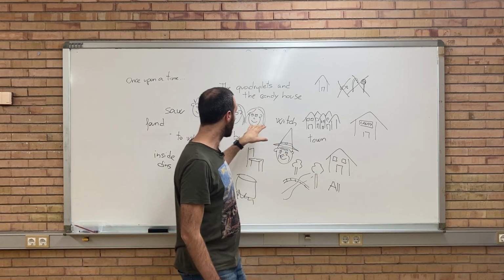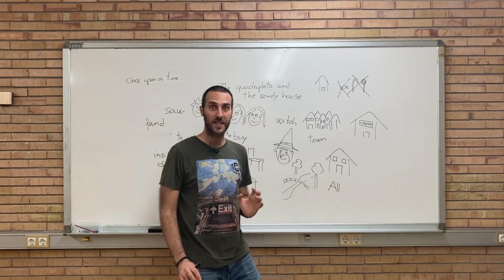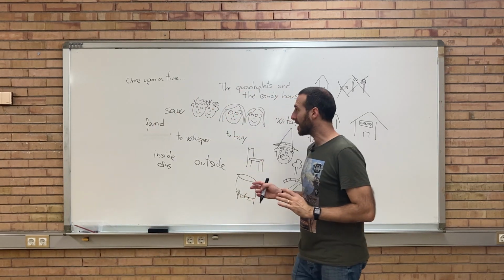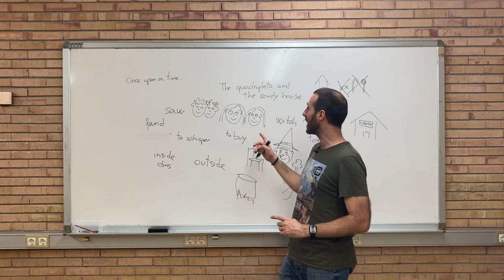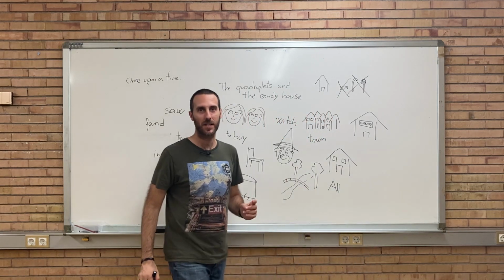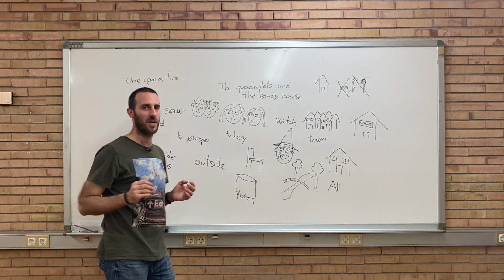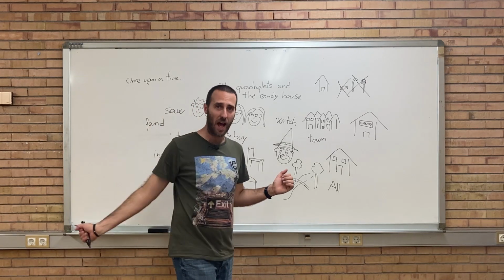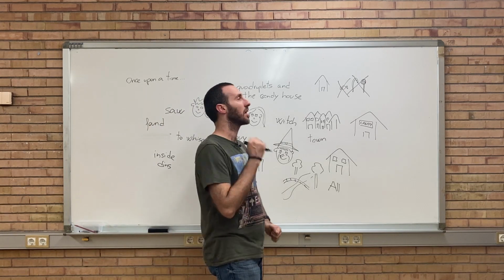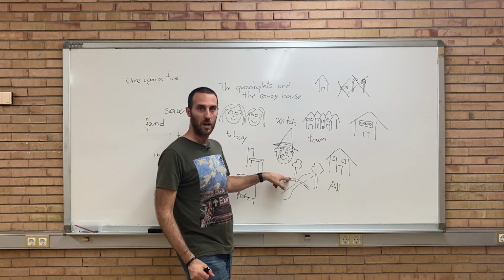And the children, the quadruplets, were very scared and they yelled and they screamed and they ran really fast. They got out of the house and they ran through the forest.